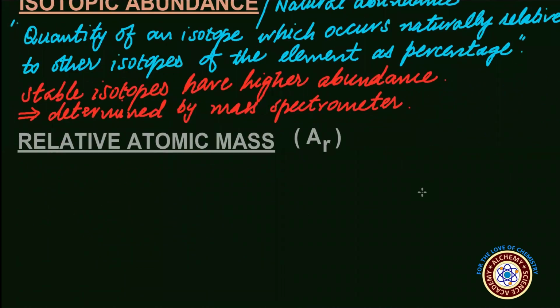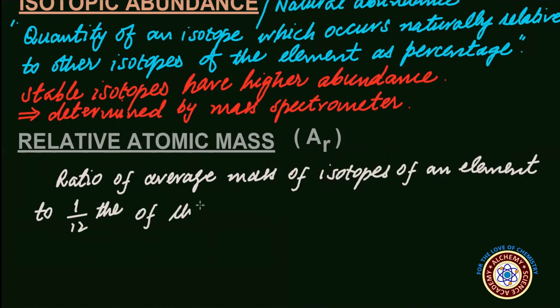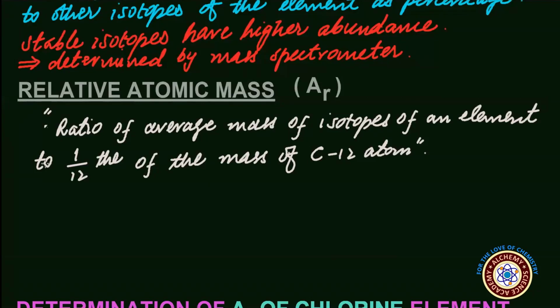Let us proceed further. Relative atomic mass can be defined as the ratio of the average mass of isotopes of an element to 1/12 of the mass of a carbon 12 atom. Relative atomic mass doesn't have any units, since this mass of an element is actually a compared mass.